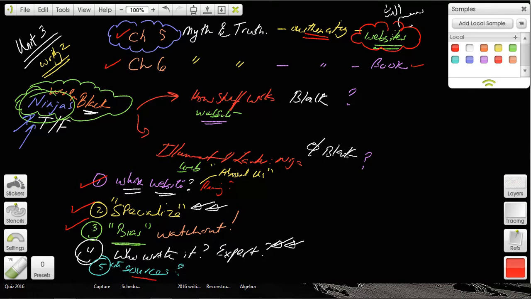Number 3, is there apparent bias that could be causing conflict and giving misinformation? Number 4, who wrote this particular article? Is this person an expert or not? Number 5, are the sources cited or not? Where did the information come from? So these are 5 criteria that one can use to assess whether or not the information given is reasonably accurate.